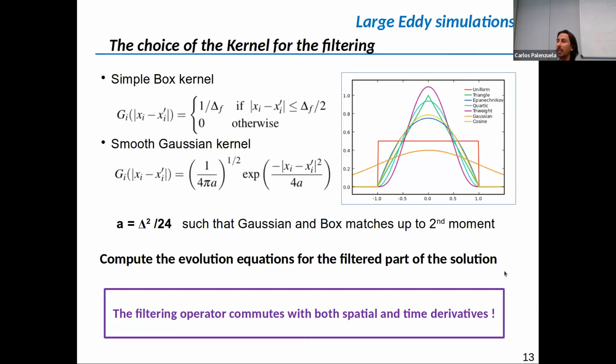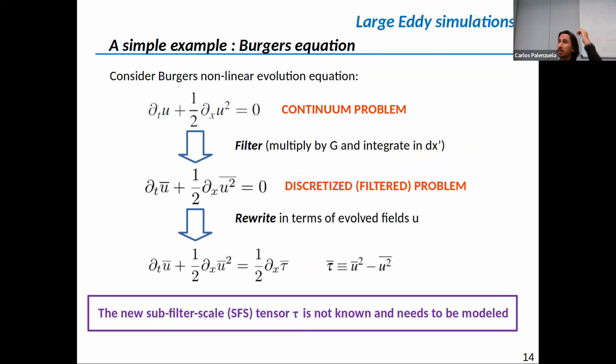No? And just to notice that this filtering operator commutes with both the spatial and the time derivative, so it's very easy to compute the evolution equation for the filtered part of the solution. So if we apply it to the simple Burgers equation, which is a nonlinear equation, at the continuum level, we know the evolution equation, that is this one here.